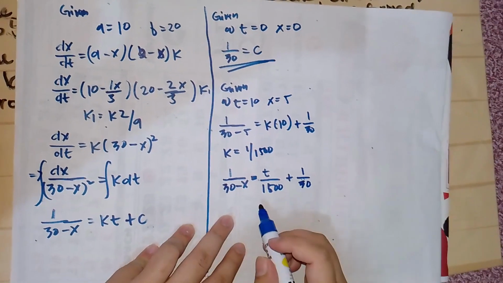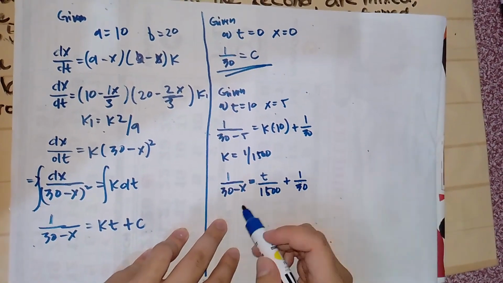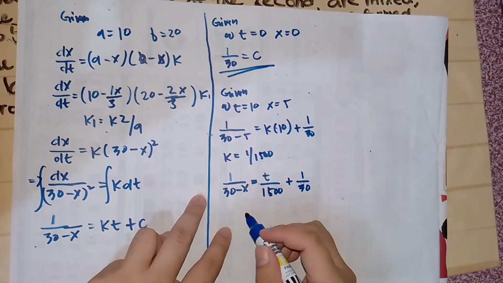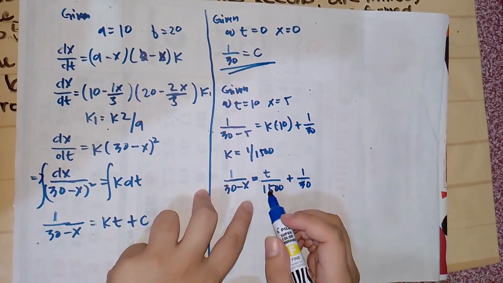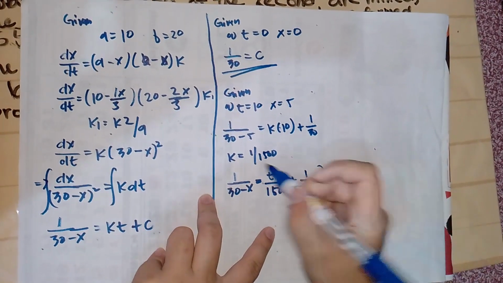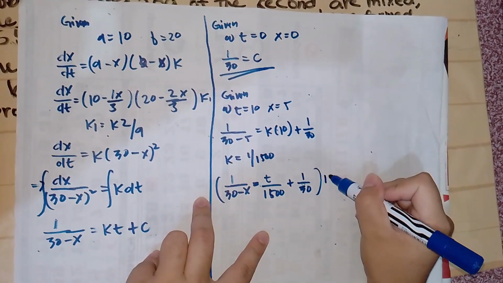Now to get the value of x, we have to multiply both sides by 1,500.